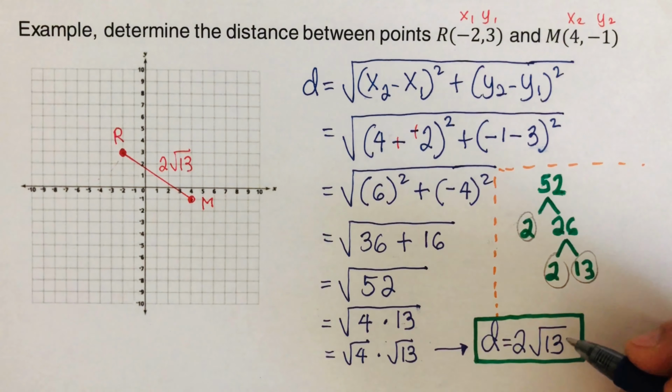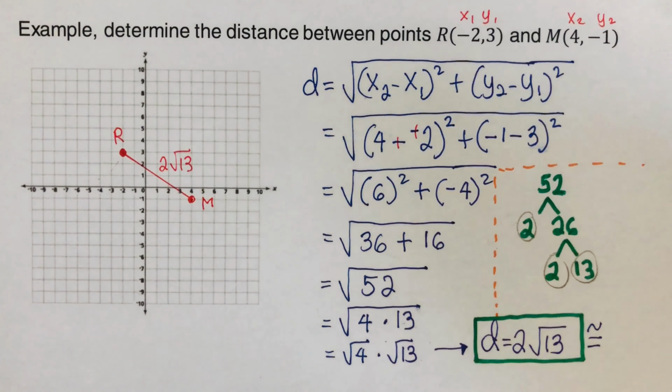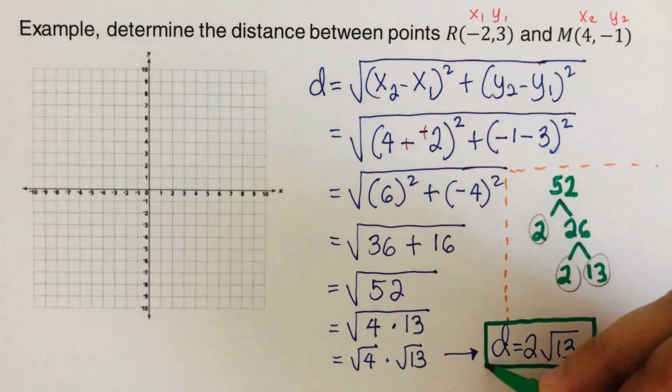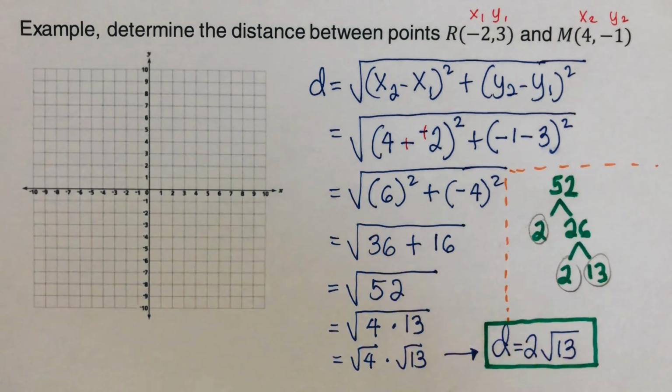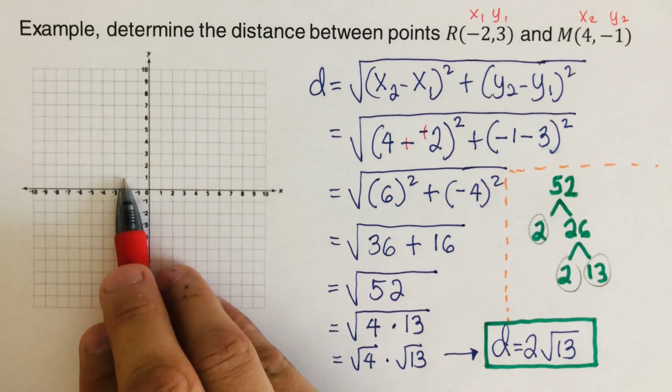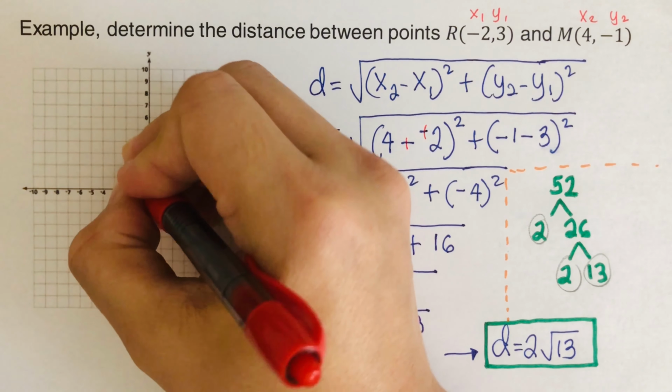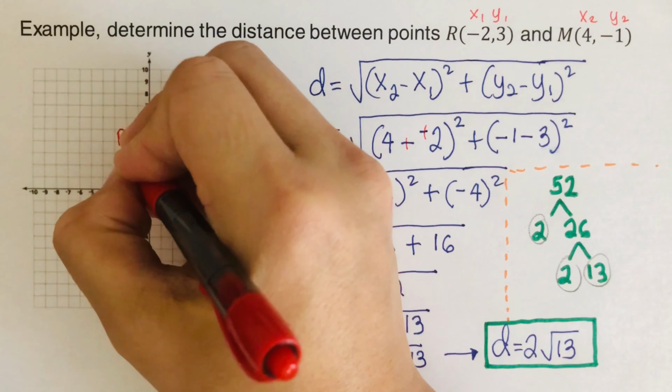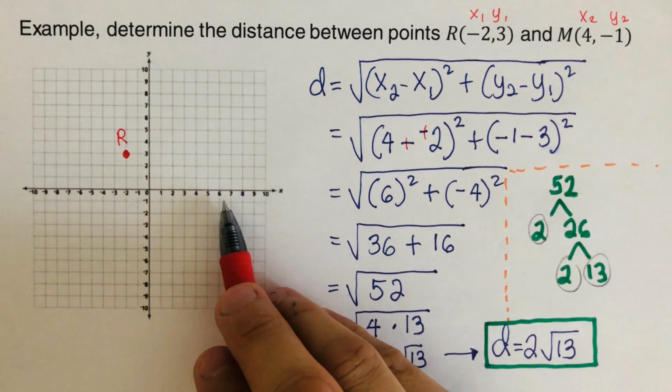This 2 square root of 13 can also be represented in decimal. If we use our calculator, this would be 7.21. So if we were to graph this, we start with negative 2, 3. So negative 2, up 3. So this is point R. And then point M is 4, negative 1.